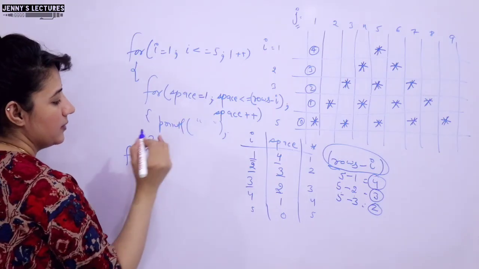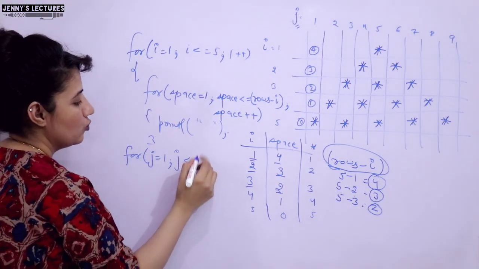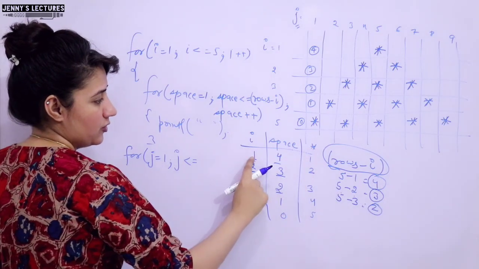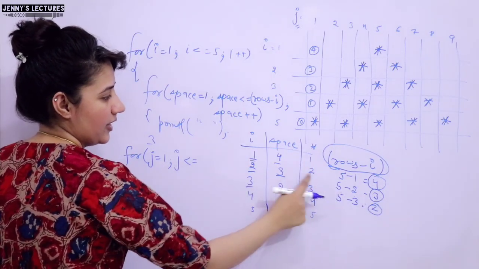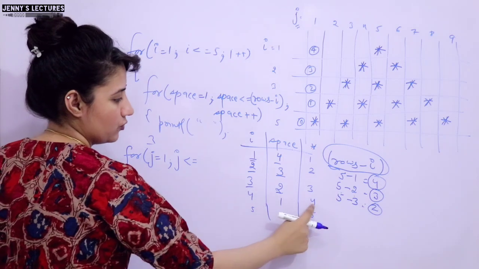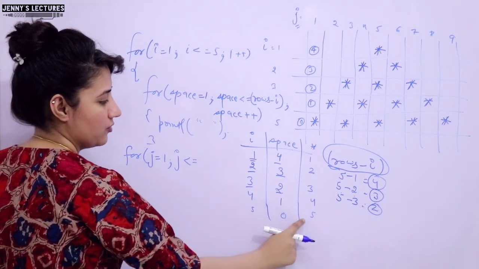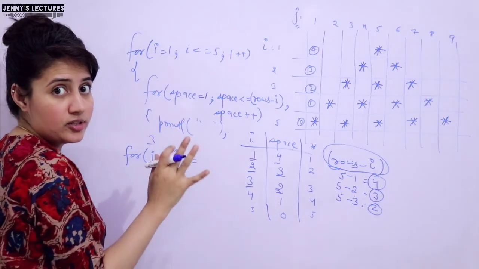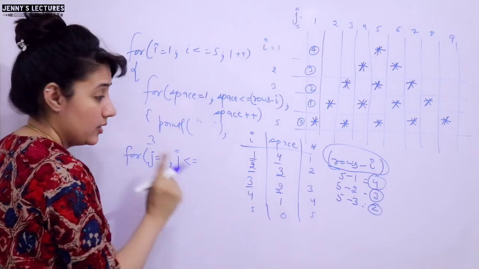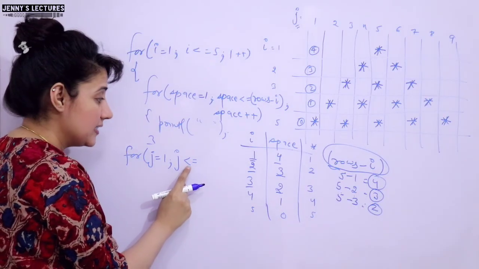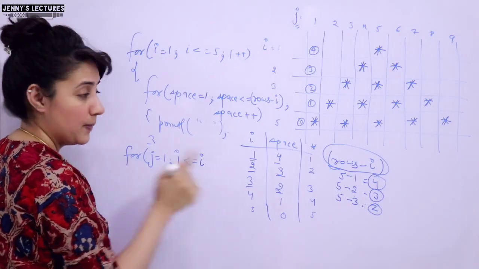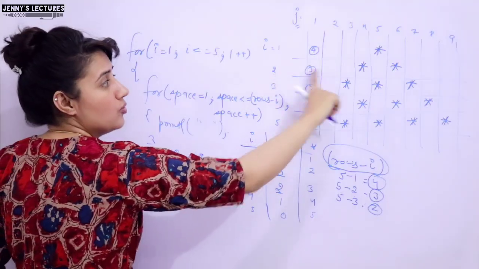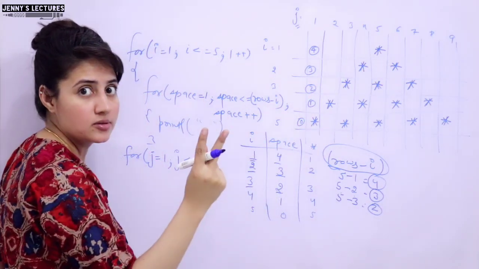J is equal to 1 semicolon, j less than equal to, now see, the star or symbol we are printing: in the first line only 1 star, second line 2 stars, third 3 stars, fourth 4 stars, and in the fifth line 5 stars. So I guess you are able to relate the condition here. You can generalize it and find out the condition. J should be less than equal to I, because in the first line J is executing only once. For the second row J is executing 2 times.